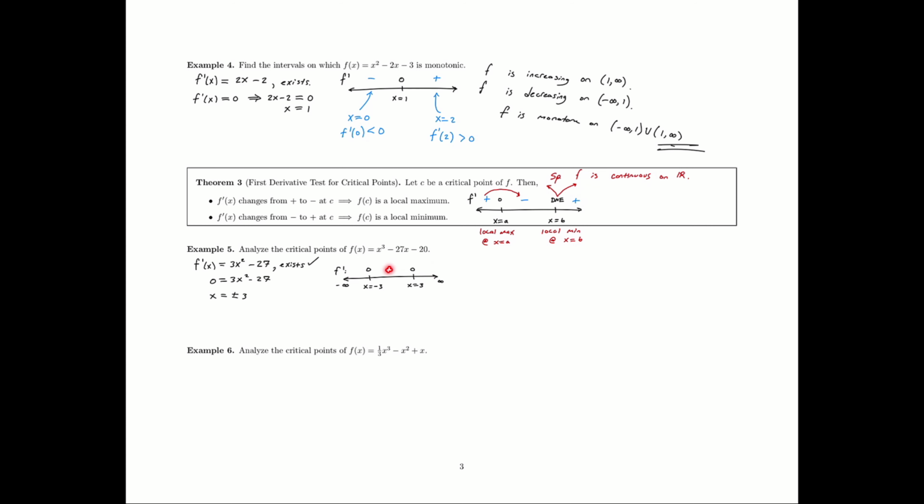So if it's positive at every single x value between -3 and 3, or if it's negative at every single x value between -3 and 3, we only need to pick one x value within each region. Think of this as a string, and then we cut it here and here, which creates really 3 distinct regions for us to test within.